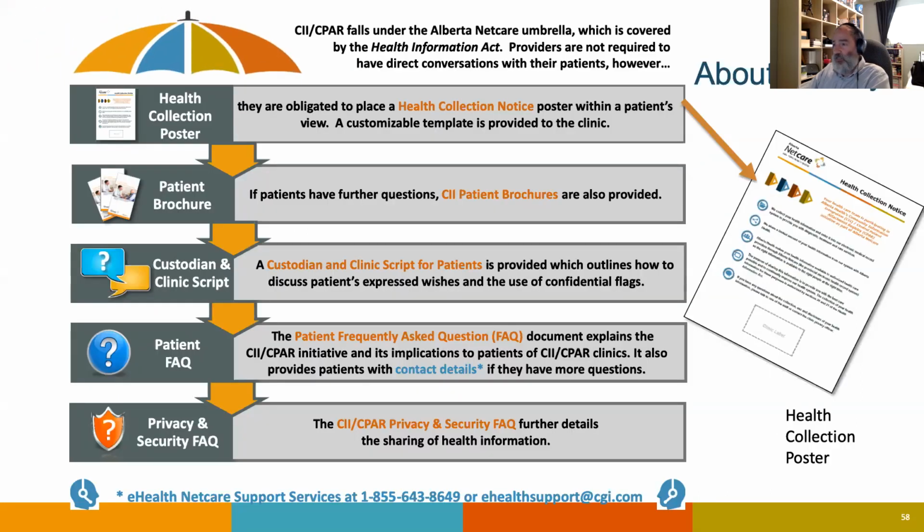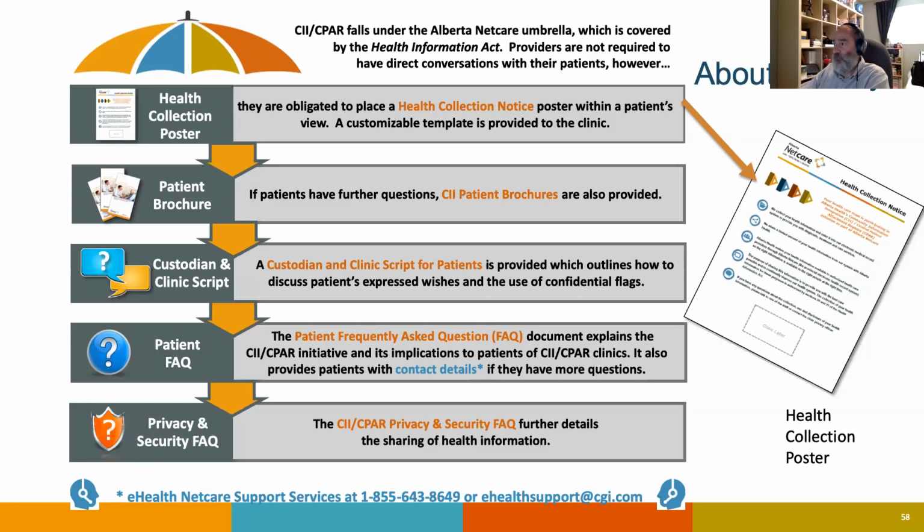This is a nice slide to use because it sums up all of those things we just looked at in one fell swoop. There's information about the health collection notice poster, the patient brochures, etc. The requirement for CII, CPAR, and Netcare in general is that clinics don't necessarily have to have a direct connection with their patient, but they do have to inform them that they are participating in this information sharing for the purposes of healthcare.